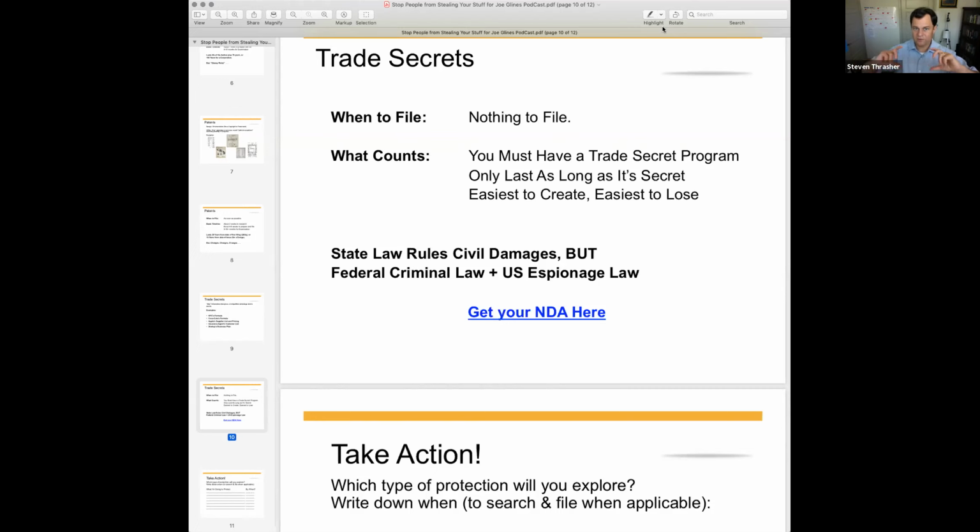So the answer of does a license apply to unregistered copyright material depends on the very specific language of that license agreement.